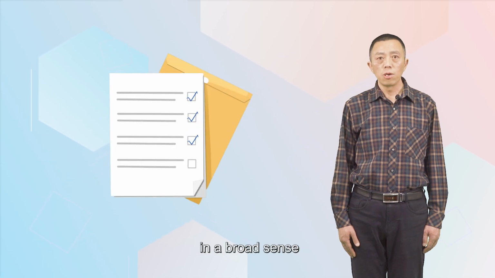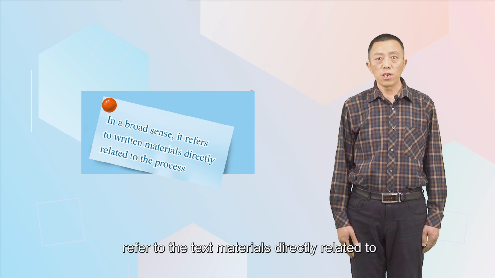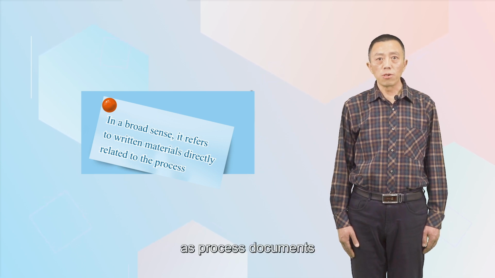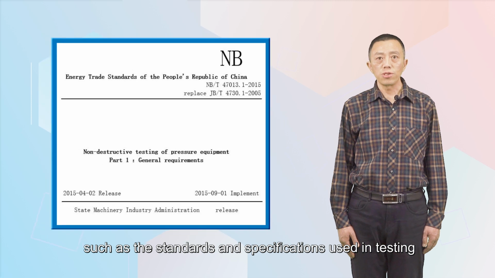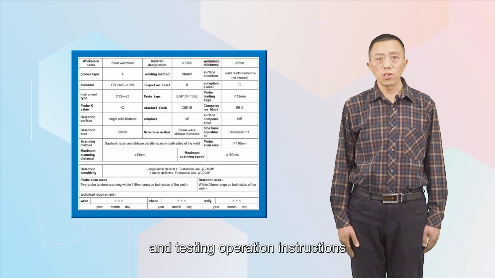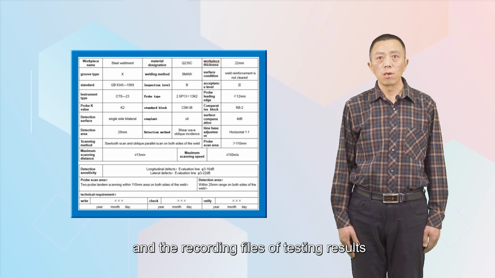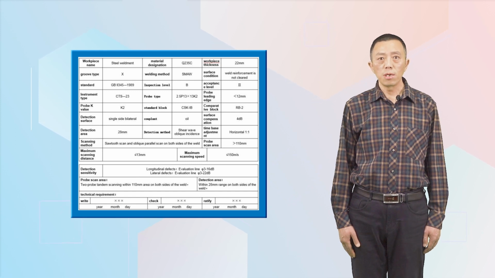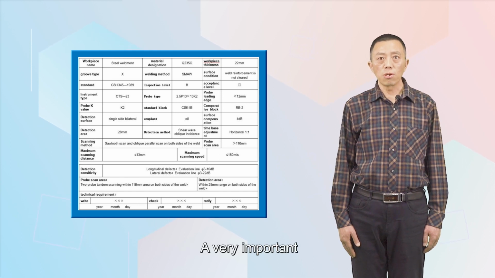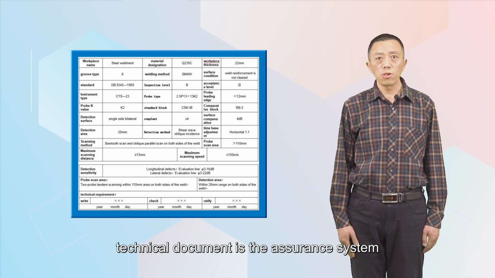Process documents, in a broad sense, refer to the text materials directly related to the process, such as the standards and specifications used in testing, the testing process regulations and testing operation instructions, and the recording files of testing results, etc. They are a very important technical document in the quality assurance system of ultrasonic testing.